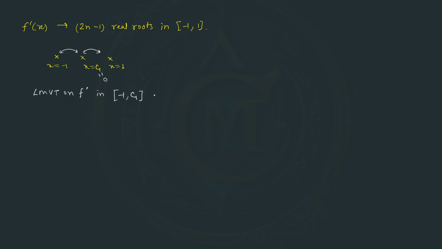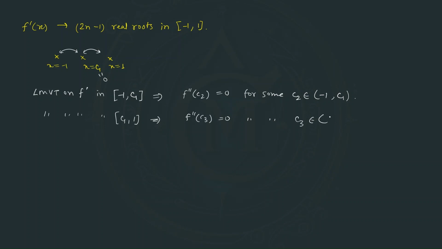If we apply this, we get f double dash c2 equal to 0 for some c2 belonging to the open interval -1 to c1. Similarly, if we again apply LMVT on f dash in the interval c1 to 1, we get f double dash c3 equal to 0 for some c3 belonging to the interval c1 to 1.